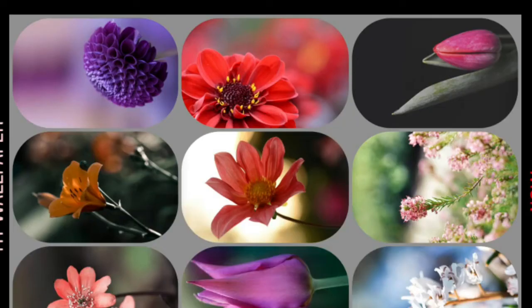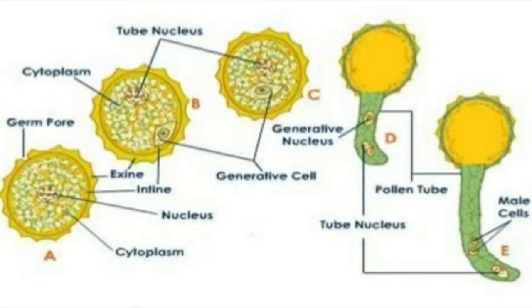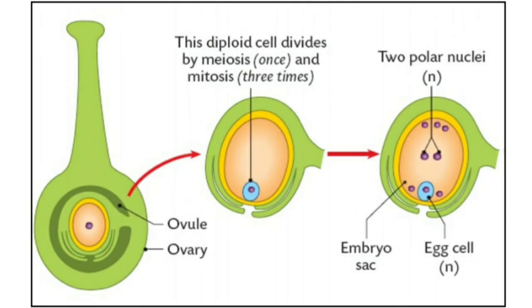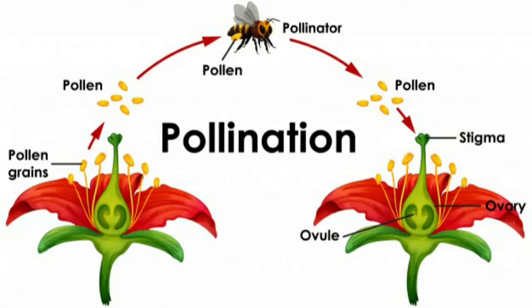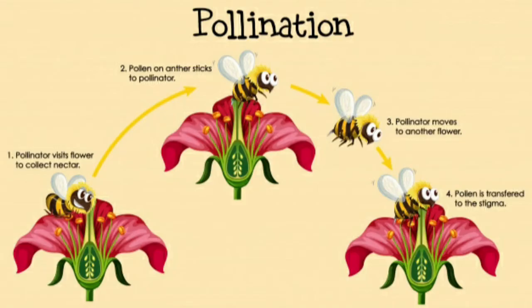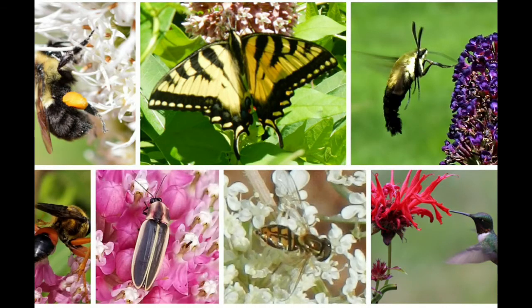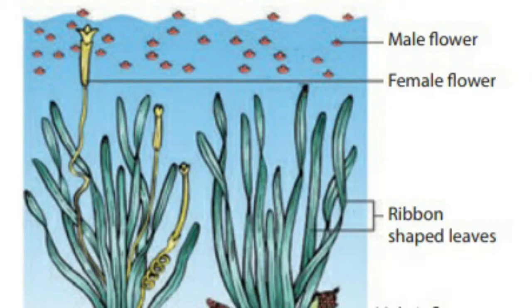In angiosperms, pollen grains carry the male gametes and the ovule contains the egg cell. Pollen grains produced in anthers are transferred to the stigma. This phenomenon is known as pollination. Pollination requires the involvement of external agents such as insects, animals, wind, and water.